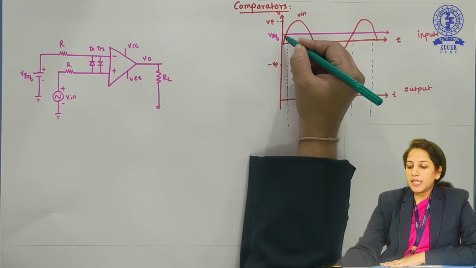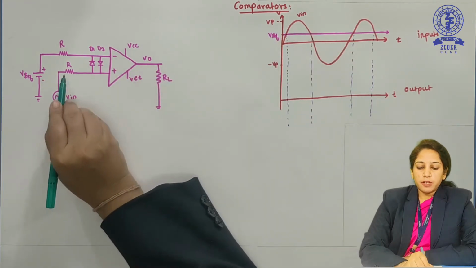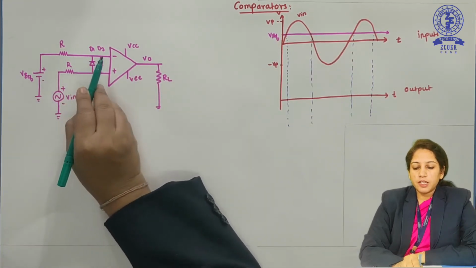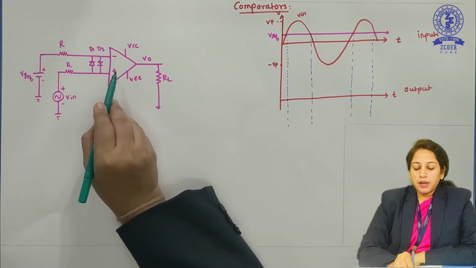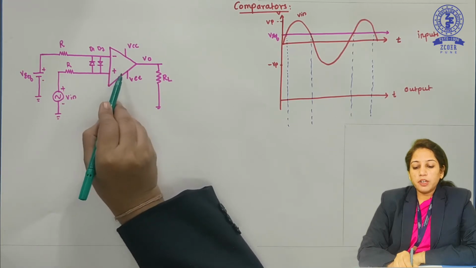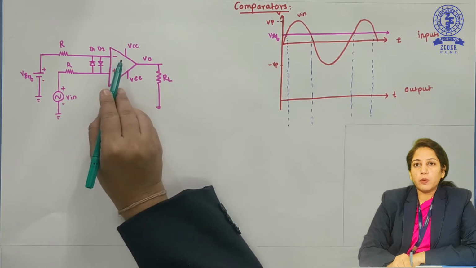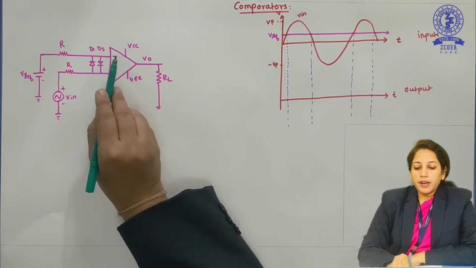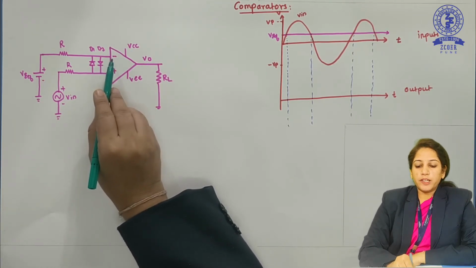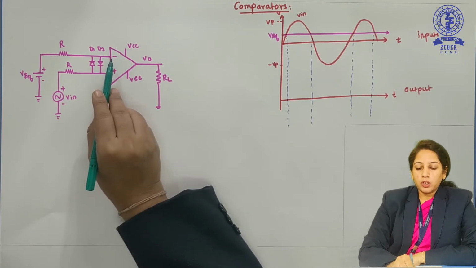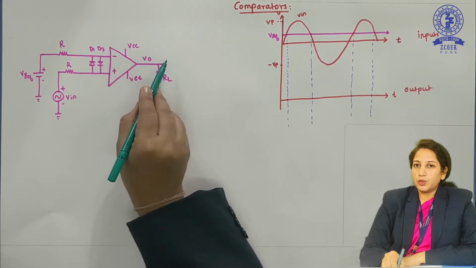If my V in is less than my V reference signal, that means the voltage on the non-inverting terminal is less than the voltage on the inverting terminal. And as we know, if the voltage on the inverting terminal is more, then I will get negative saturation.